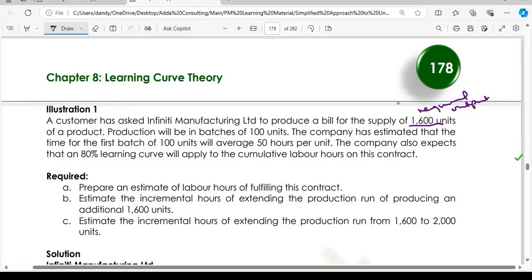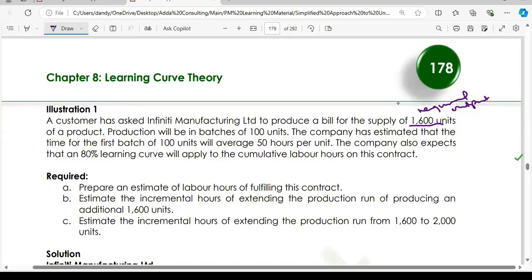The first thing you need to do is to determine the cumulative hour to produce 1 unit. Once you have that, then you multiply with the entire 1,600 units.